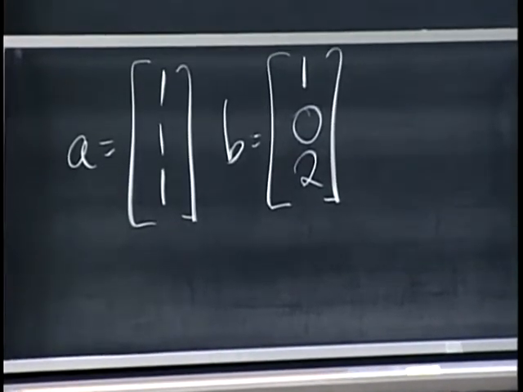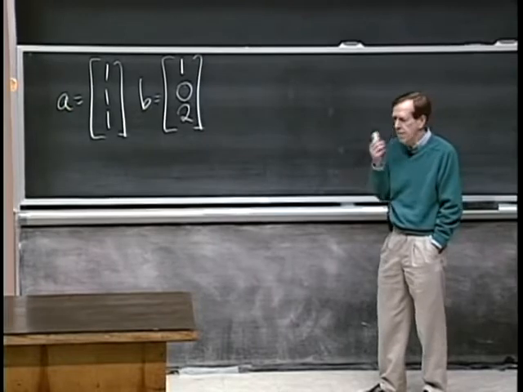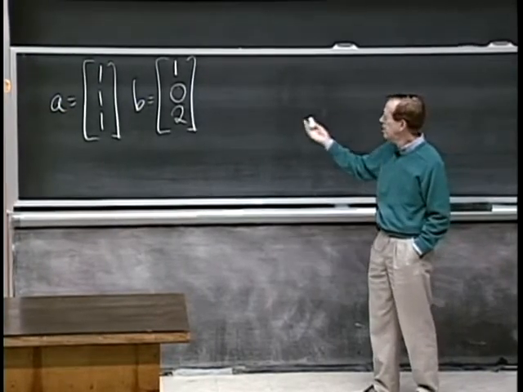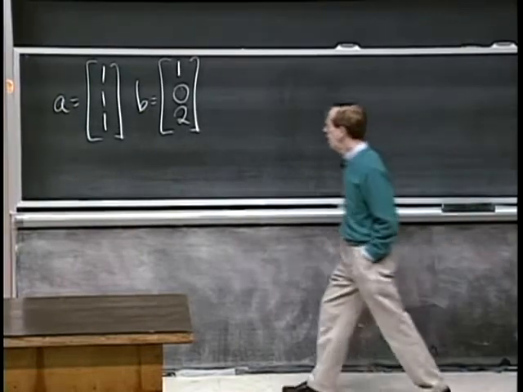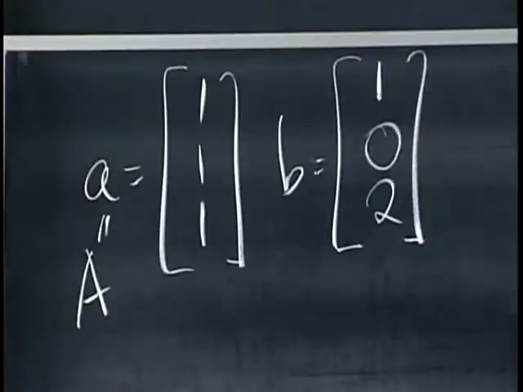I didn't want to cheat and make them orthogonal in the first place, because then Graham-Schmidt wouldn't be needed. So those are not orthogonal. What is capital A? Well, that's the same as big A. That was fine. What's B?